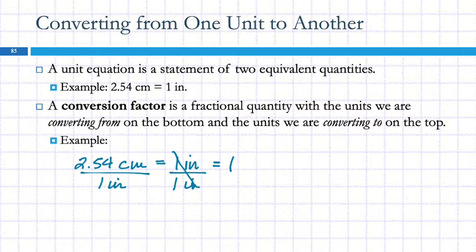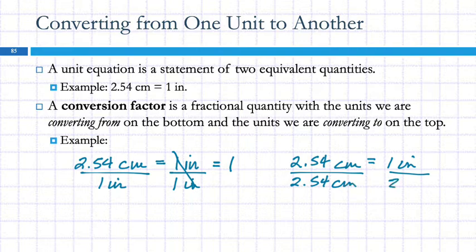We can make another factor by either inverting that one or thinking of it as dividing by the other one. Divide both by 2.54 centimeters, and now the centimeters cancel out. 1 inch per 2.54 centimeters is also equal to 1.